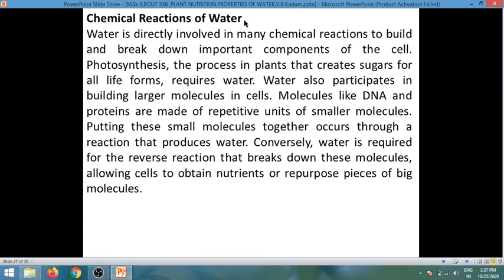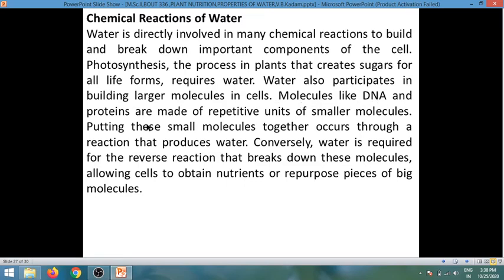Chemical reactions of water. Water is directly involved in many chemical reactions to build and break down important components of the cell. Photosynthesis, the process in plants that creates sugar for all life forms, requires water. Water also participates in building larger molecules in cells.